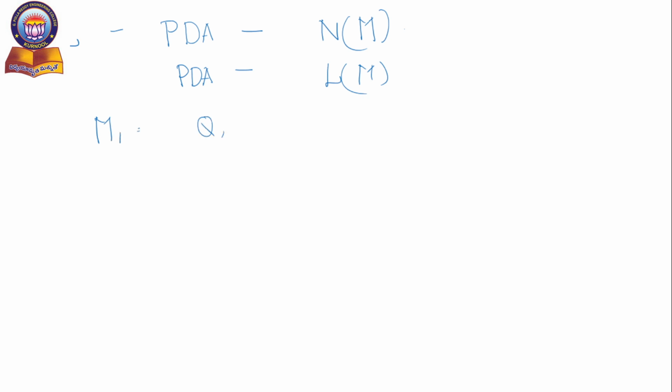Let M1 is equal to Q, sigma, tau, delta, Q naught, Z naught, pi. Let this be the PDA which is accepting the language as N of M, that is by emptying the stack. This machine is given to us.